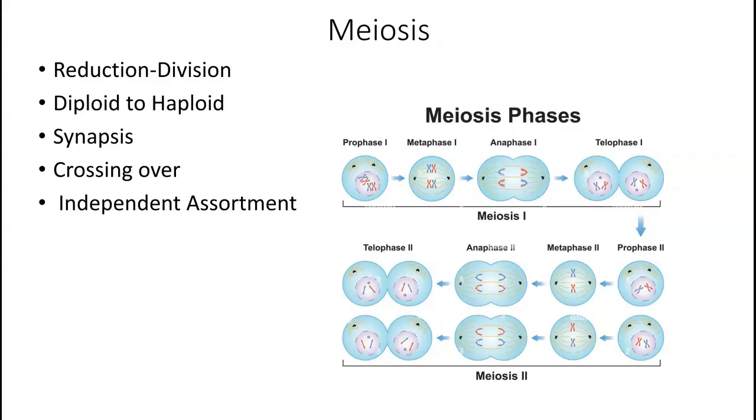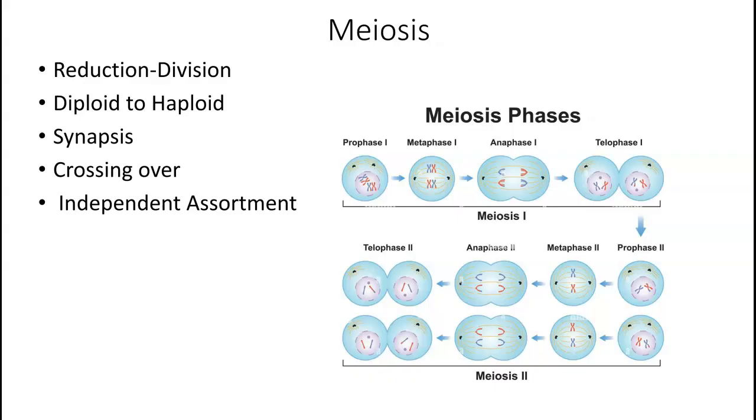In females, it's oogenesis. Now, that was a little different because we end up with 1 egg, and then we end up with those 3 chromosomal cast-offs, those 3 polar bodies. Which one is chosen is just sort of at random.